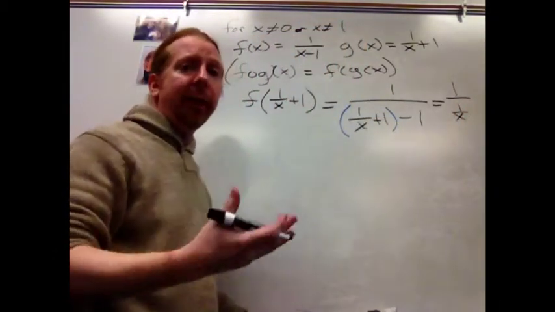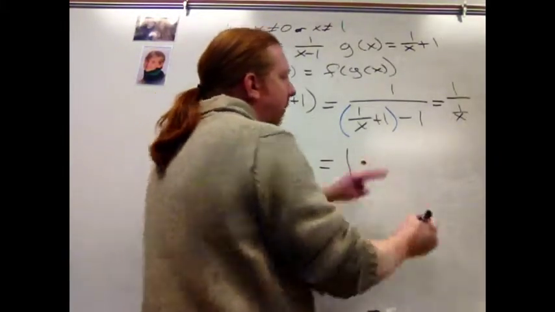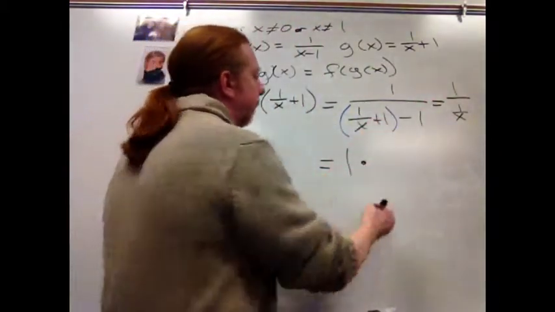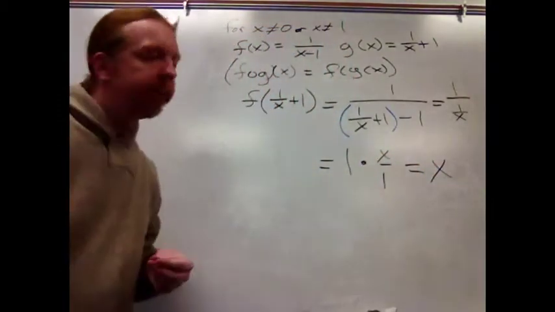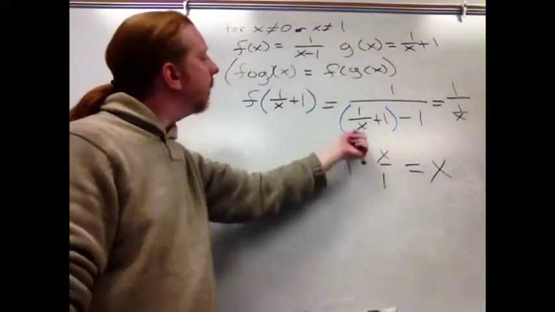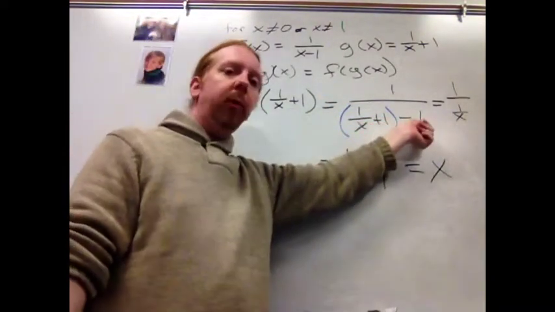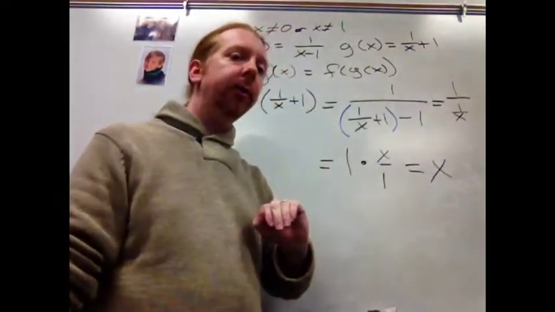Well, division is multiplication by the reciprocal. So that's really 1 times the reciprocal, which is just x. Remember, let's go through that one more time. Plus 1 minus 1 cancel out, leaving me 1 over x.